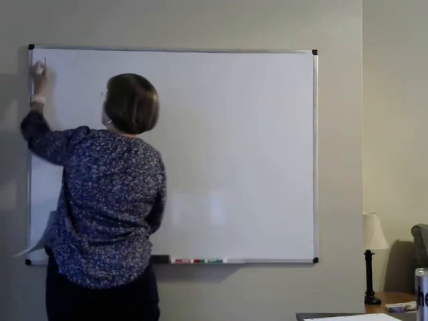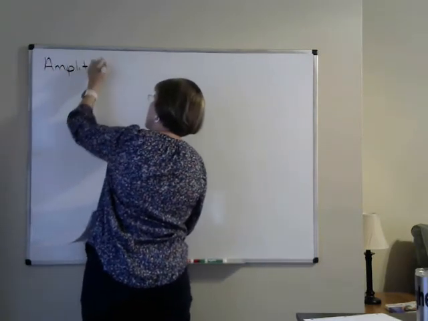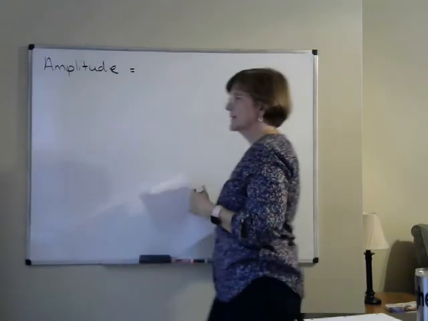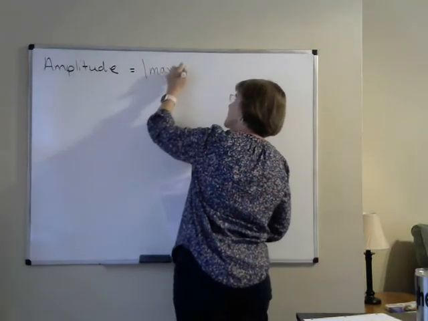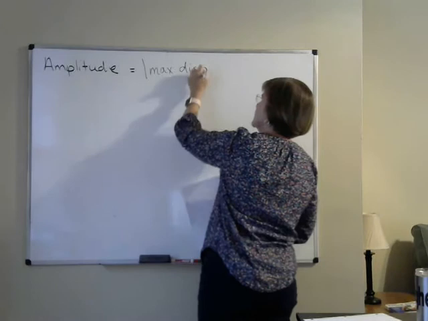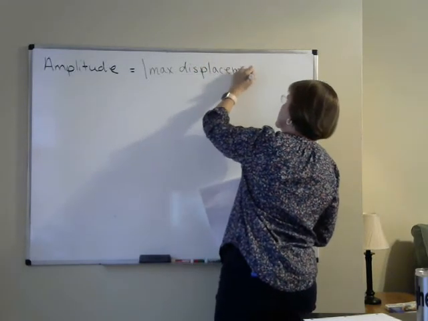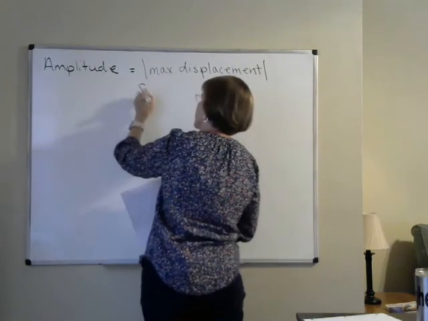Our first word here is amplitude. In the picture we just drew, it was how far we displace the mass. It's equal to the maximum displacement, but notice I put absolute value bars, from equilibrium.